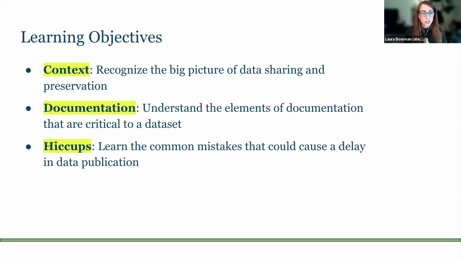Super, super important part of sharing your data, and the distinction between accessible and available data, which I'll get into. And then finally, we'll wrap up with what I've called hiccups, because I couldn't think of a better word. If you have a better one, let me know for next time. And these are just common problems that we see with data sets that come in, why we have to contact the author to update their data sets, which causes a delay in getting your data shared publicly.